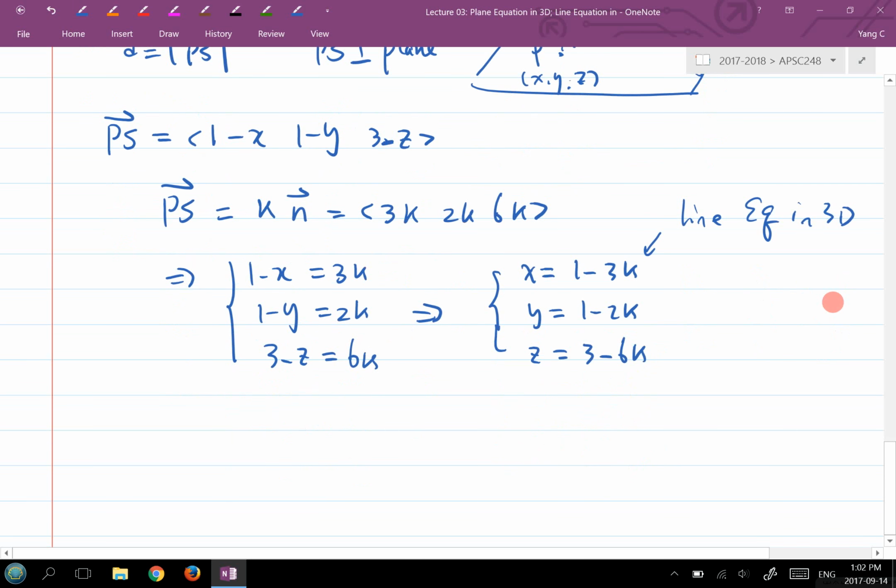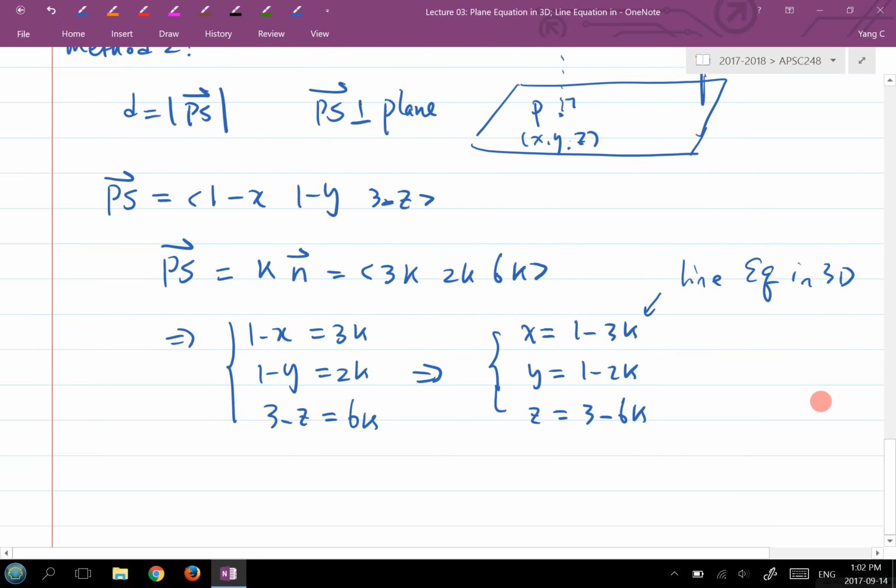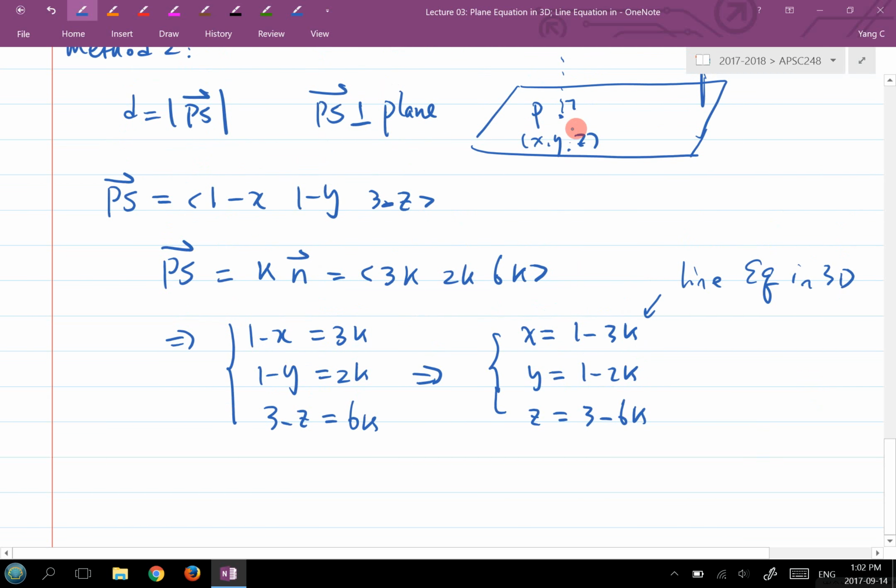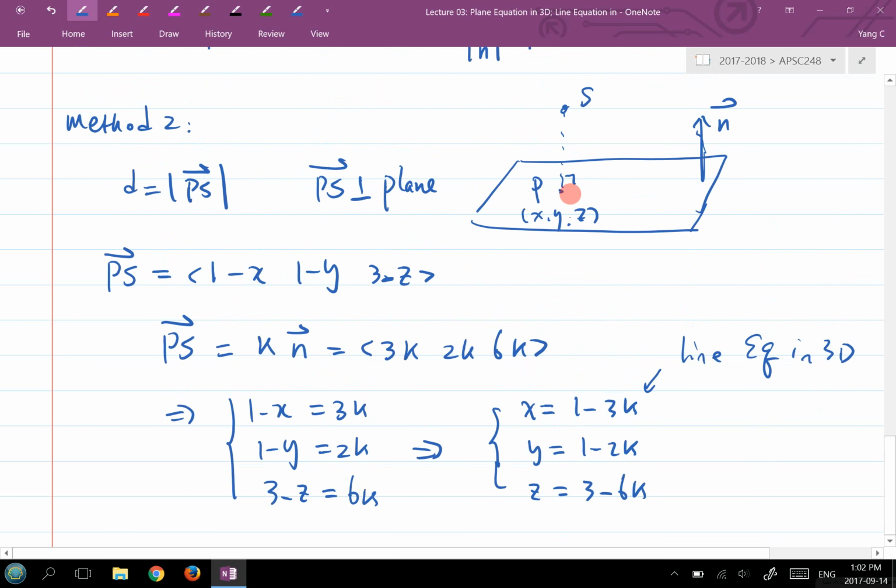So now think about what other condition we haven't made use of yet. For the point P here, what condition haven't we used? The point P is where? It's on the plane, exactly. If point P is on the plane, it means if you substitute the coordinates of point P into the plane equation, it must satisfy the plane equation, right?